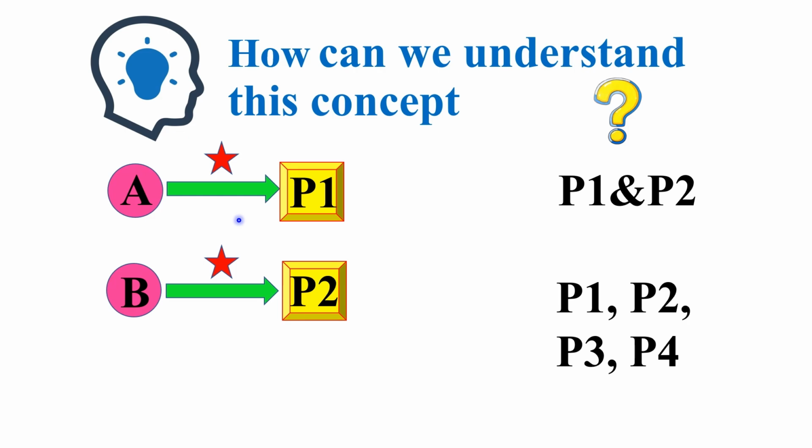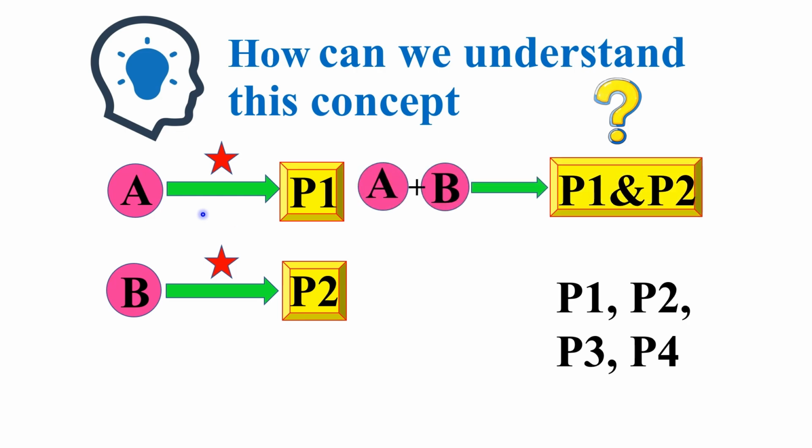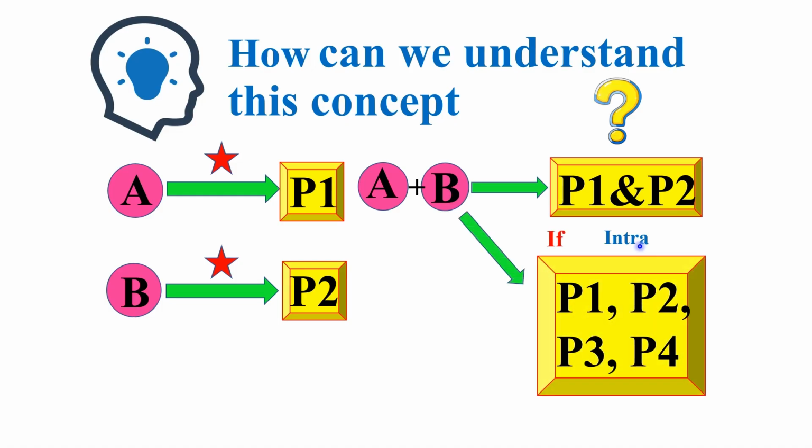If you mix A and B reactants and get only P1 and P2, it indicates an intramolecular mechanism. If the products P1, P2, P3 and P4 come, it is an intermolecular mechanism.